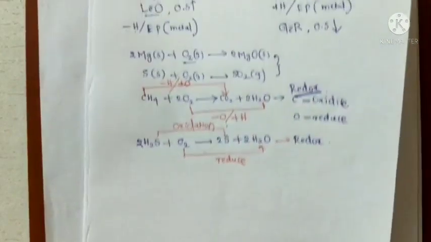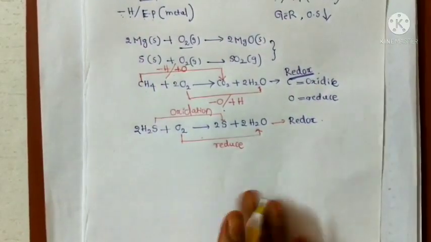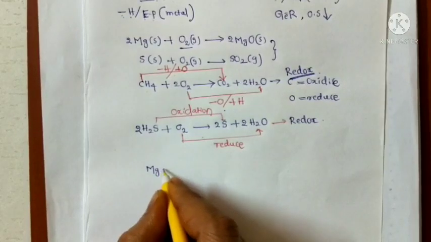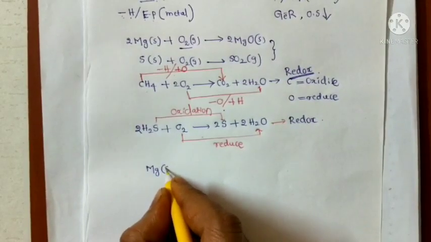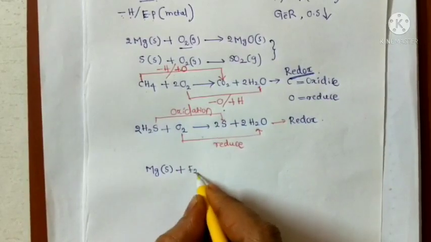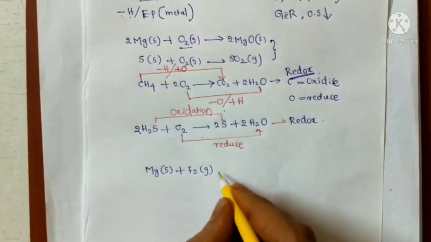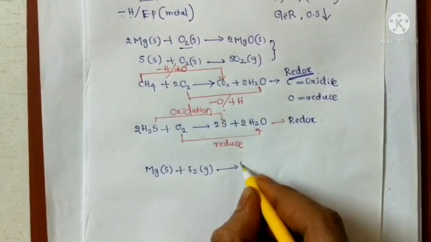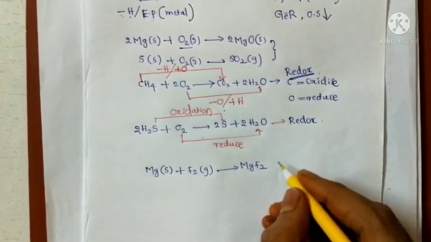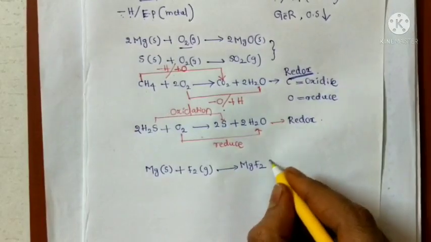Next, magnesium, which is a solid, is reacted with fluorine, a gas, to form magnesium fluoride. So it is also solid.